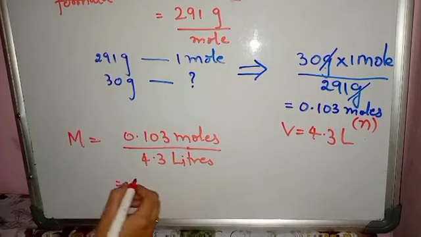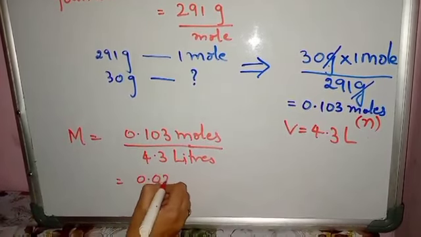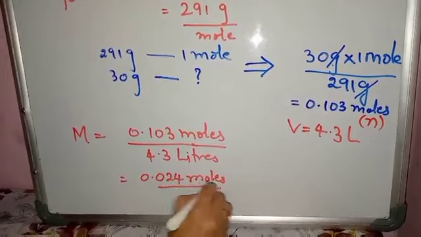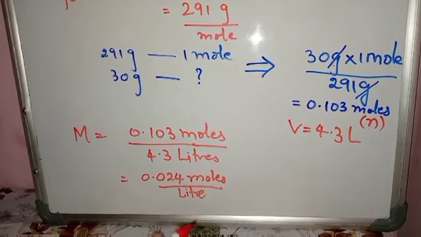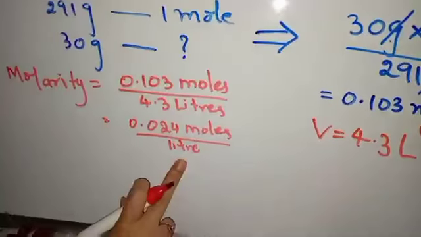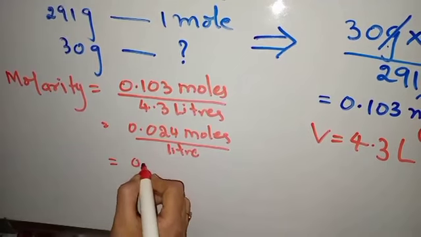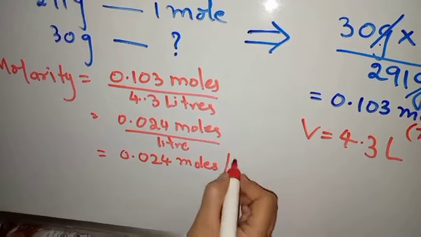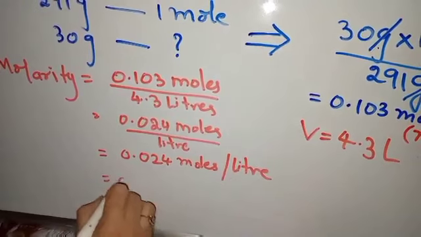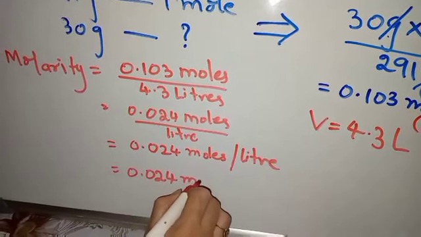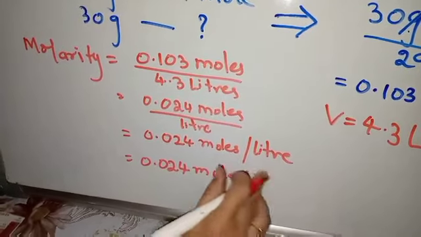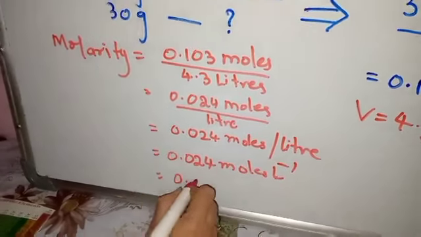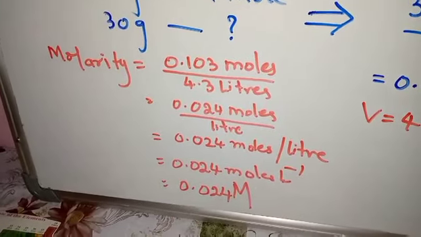Once you do the division, you will get the answer 0.024 moles per liter, which you can also write as 0.024 mol/L, or you can also write it as 0.024 mol L inverse, or you can also call it 0.024 molar solution.